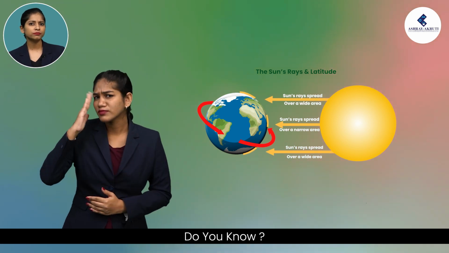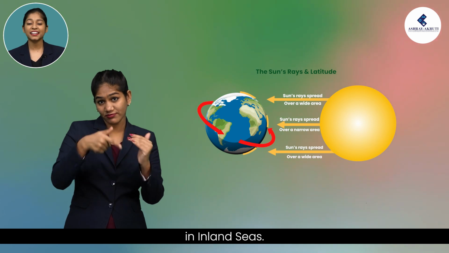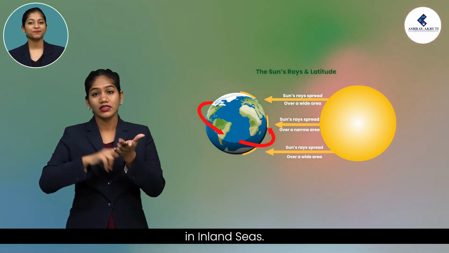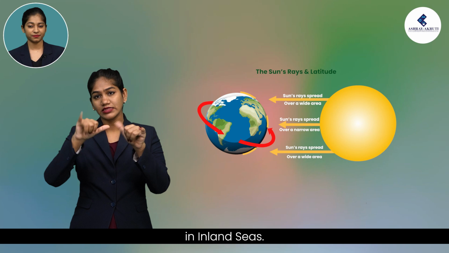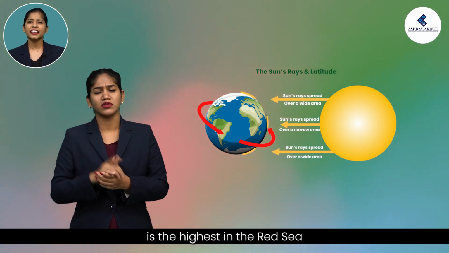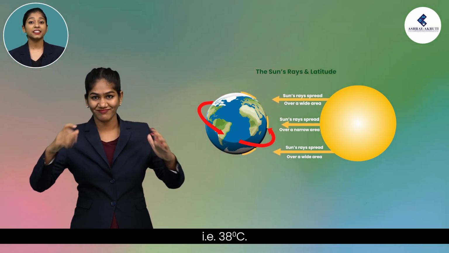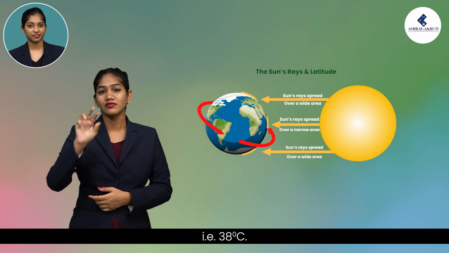Do you know? The highest temperature is recorded in inland seas. The temperature is the highest in the Red Sea, that is 38 degrees Celsius.